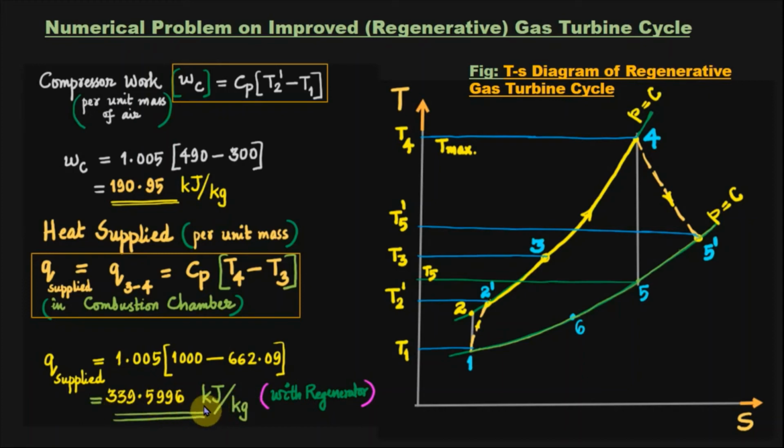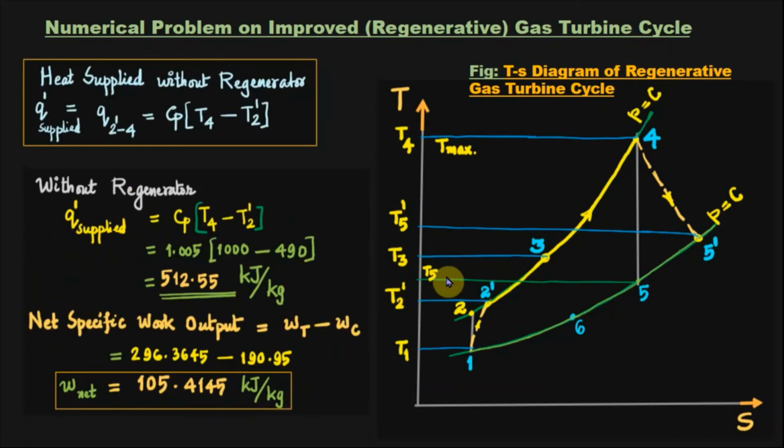339.5996 kilojoule per kilogram. We have to assess the performance of this gas turbine cycle by considering the regenerator and without considering the regenerator. For that purpose, we will find out the heat supplied without a regenerator, without considering the effect of regeneration in this case.